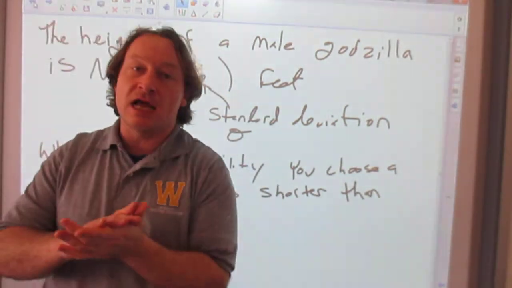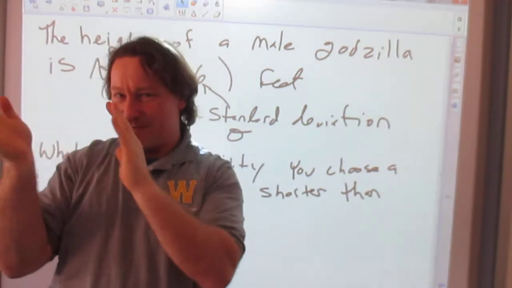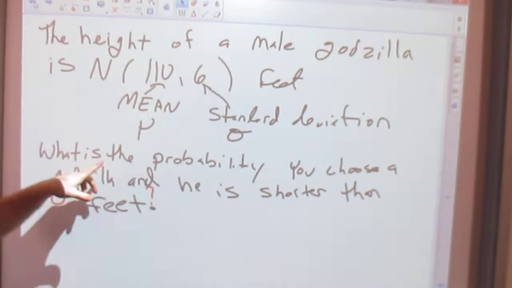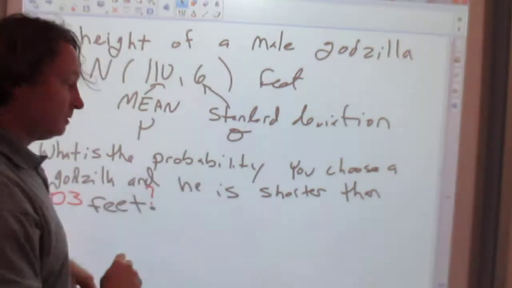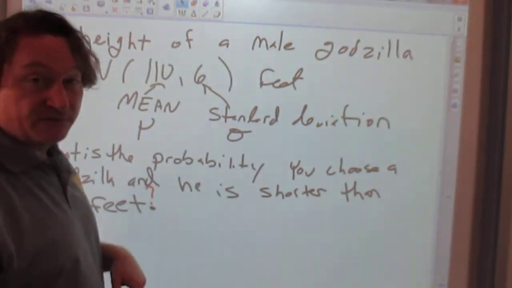So on average, Godzilla males are 110 feet tall, and they vary by about 6 feet. We want to know the probability you choose a Godzilla and he is shorter than 103 feet.